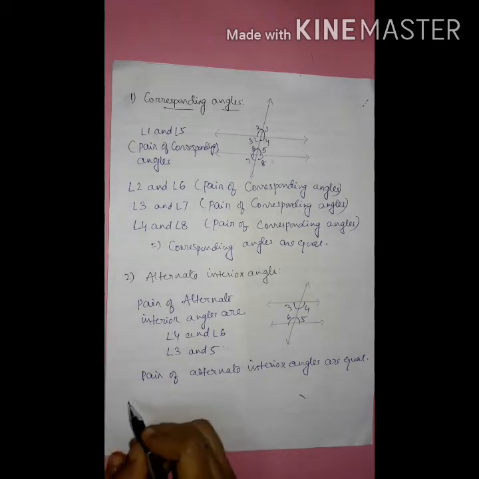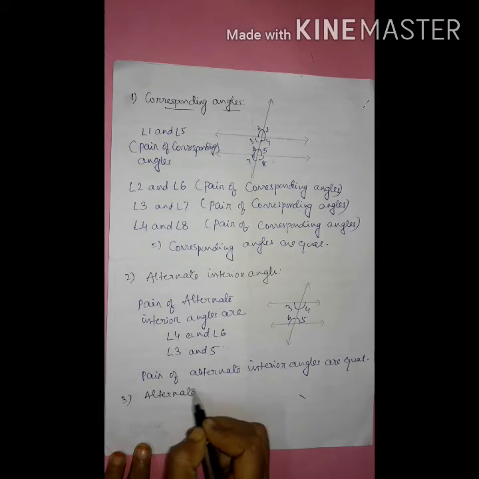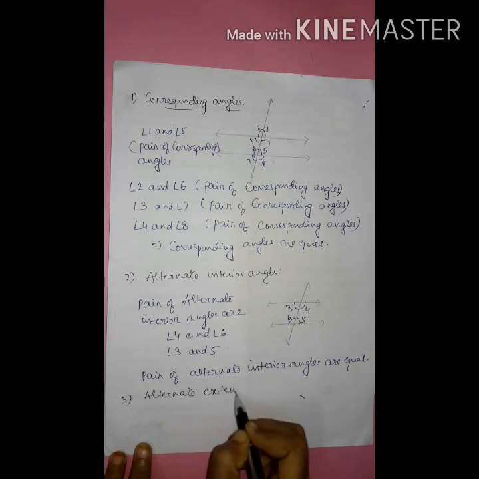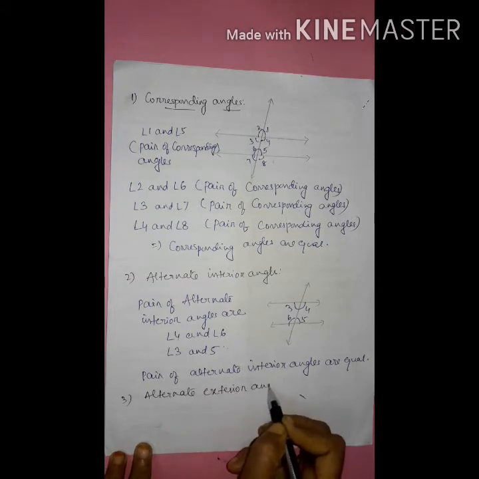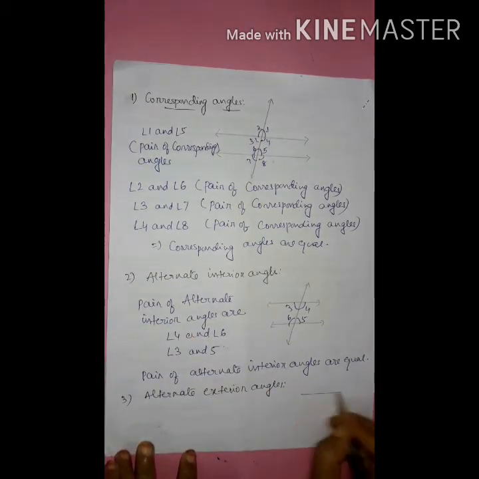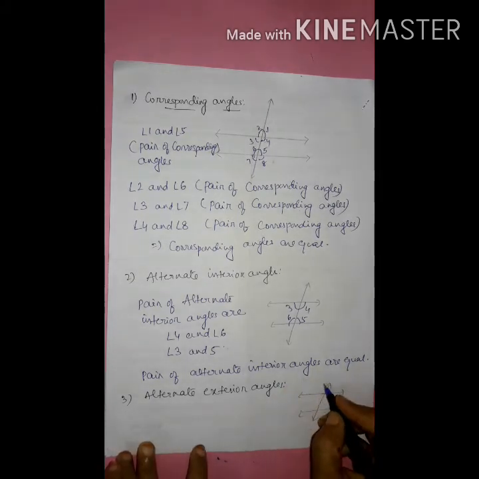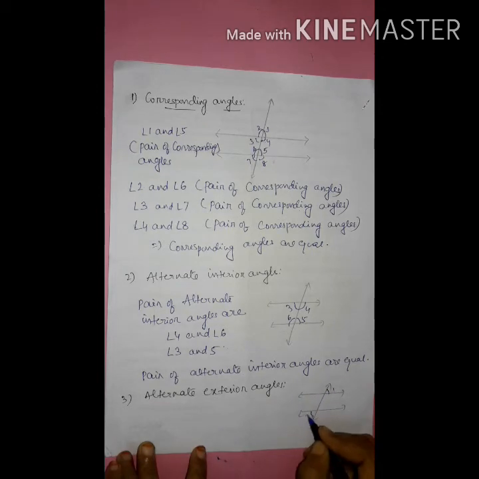Next is alternate exterior angles. Like this also, by the transversal line you will get those 8 angles. So what are the alternate exterior angles? Angle 1 and angle 7, on opposite sides.